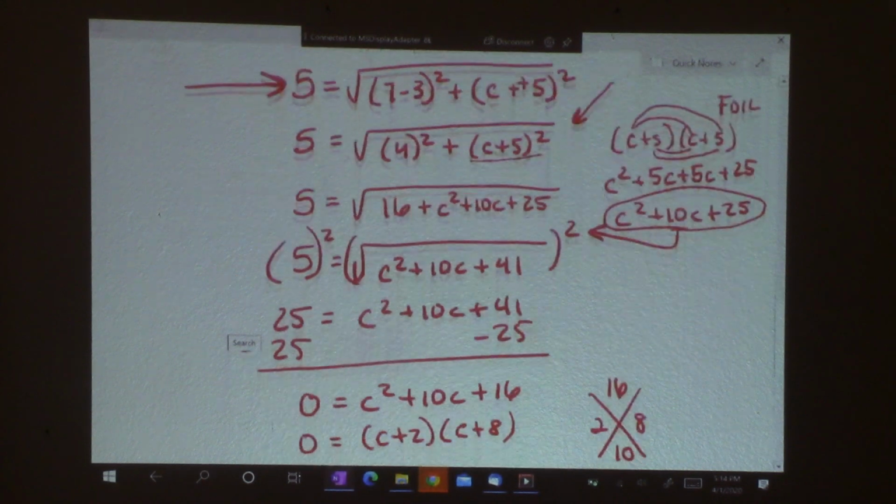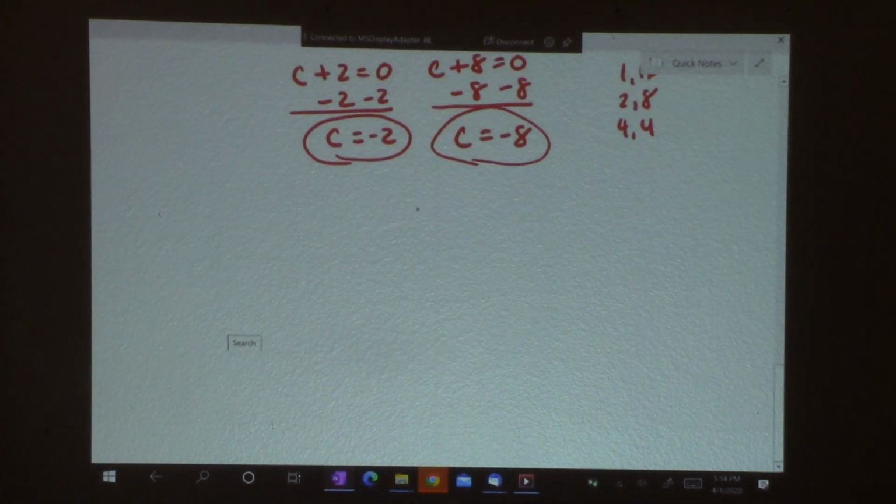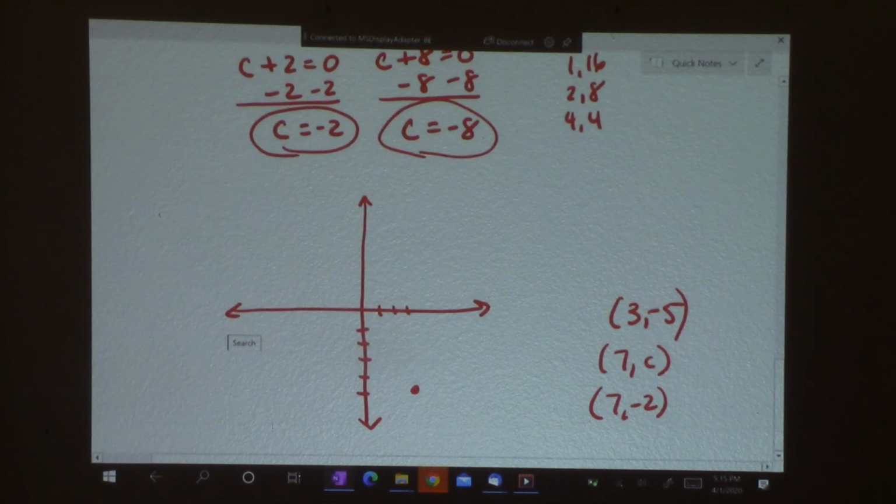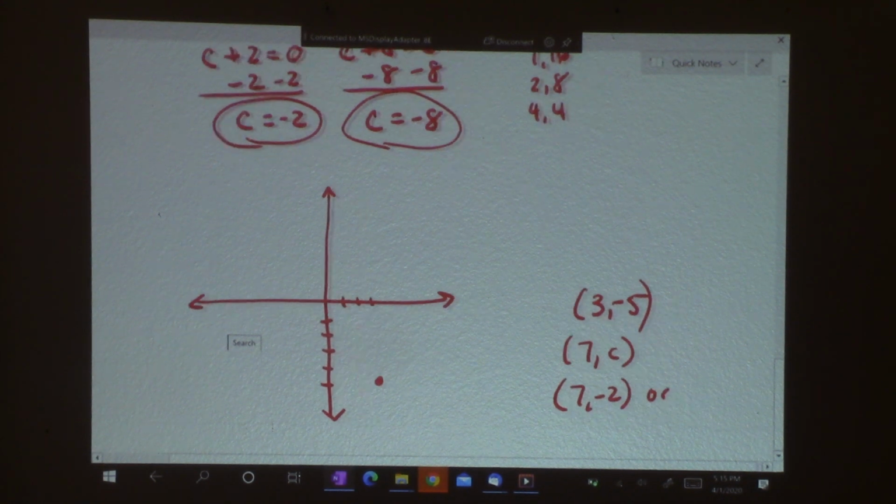Now, if we graphed these, let's see what we would have, and you would see it. The first point was 3, negative 5. So where's that? 1, 2, 3, and then 1, 2, 3, 4, 5. So that's down here. Now the other point was 7, C. So I've got 7, and I'm going to put negative 2 in, or negative 8.